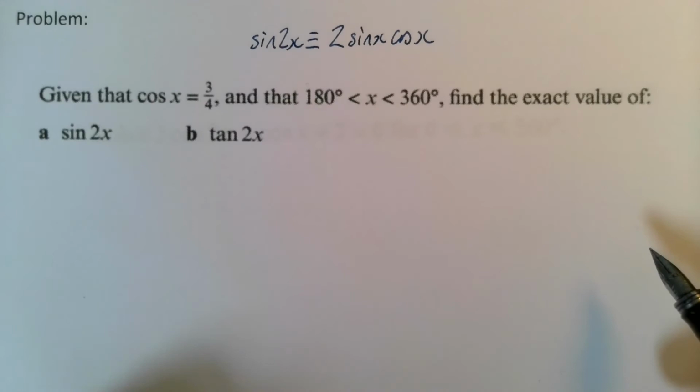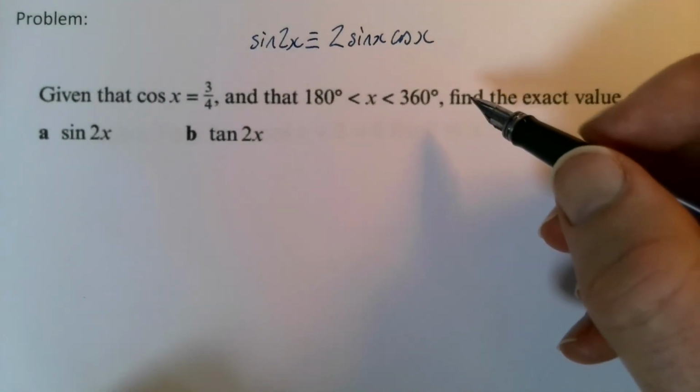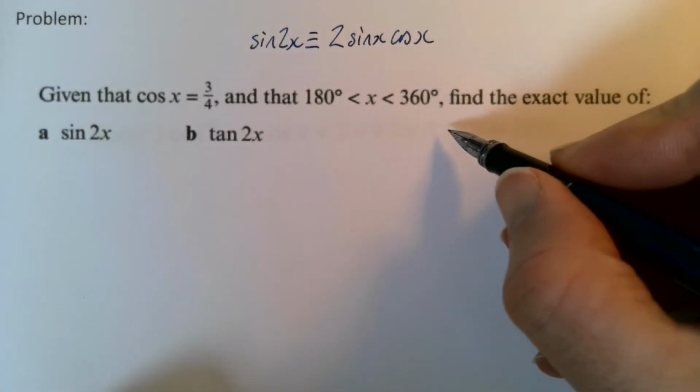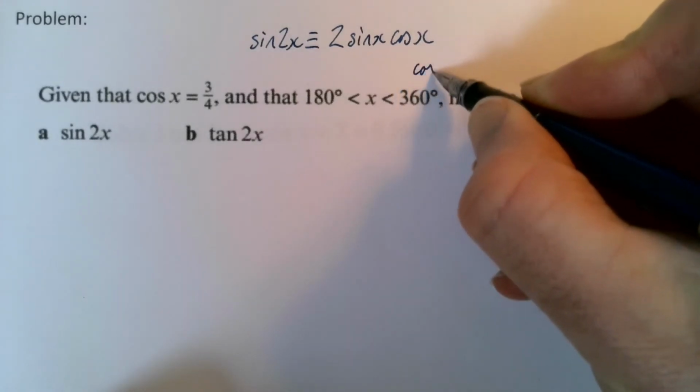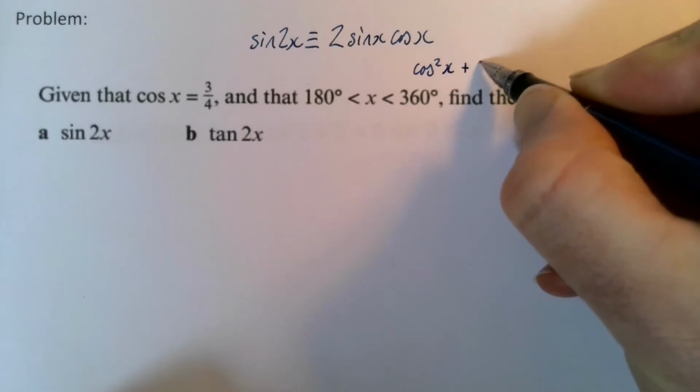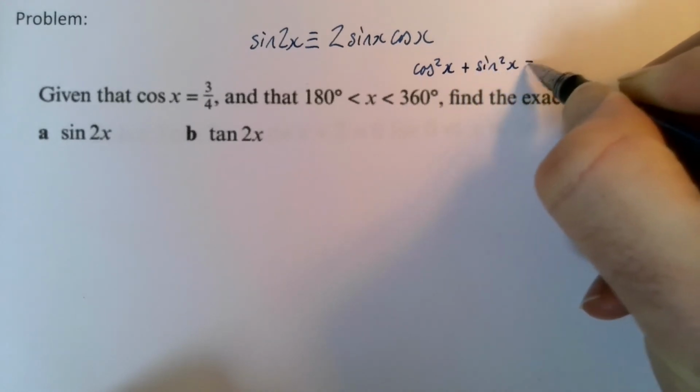In order to do that, we need to use the good old fact that cos squared x plus sine squared x is equal to 1.